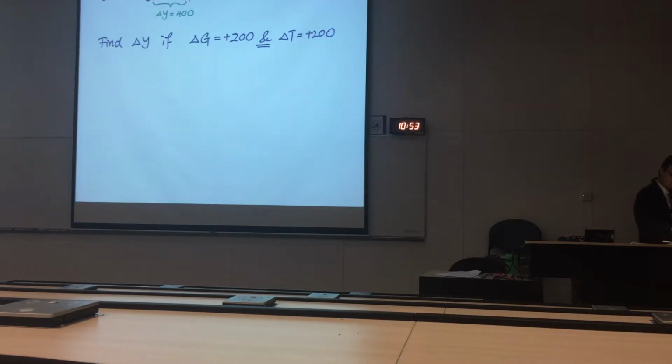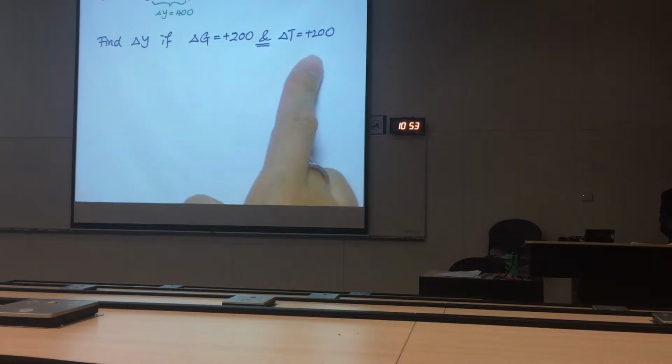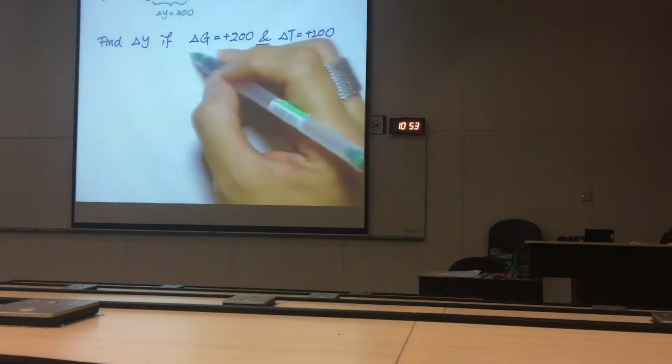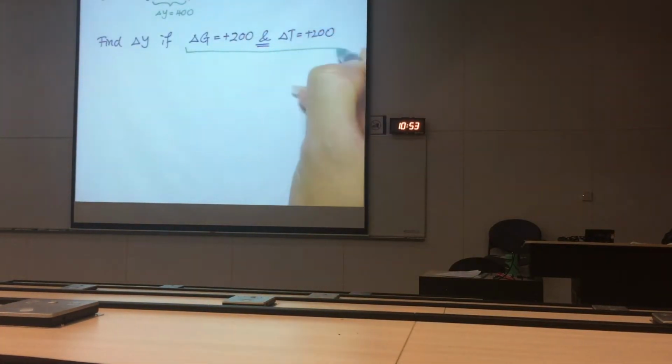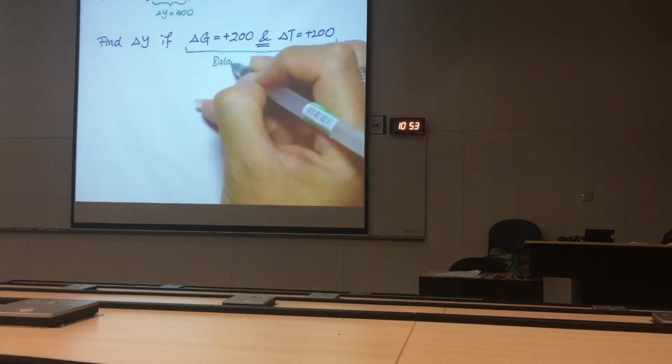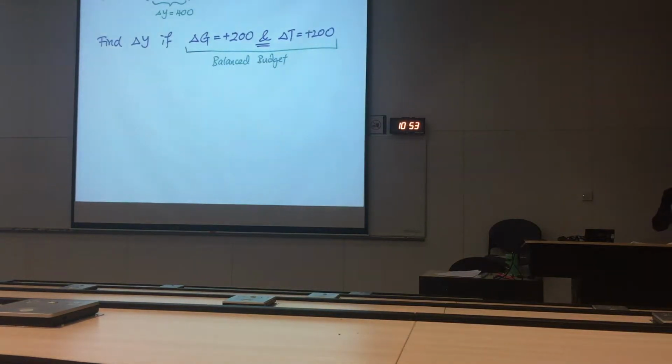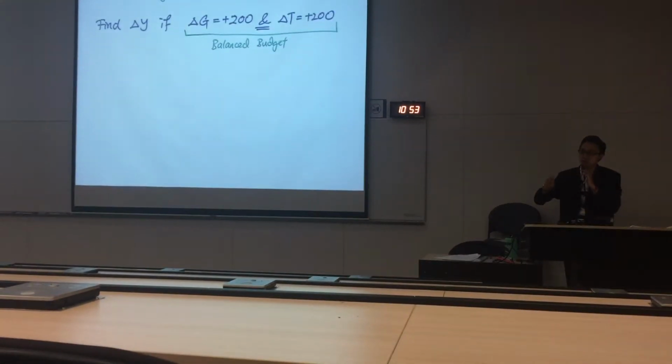If you look at it, the G is going up by 200, the T is also going up by 200. You should immediately recognize this scenario. It's one of a balanced budget. You take 200 from the economy, you return 200 back to the economy. So this is a balanced budget situation, for which we have already come to the conclusion.